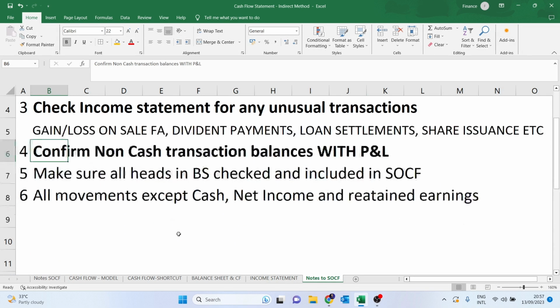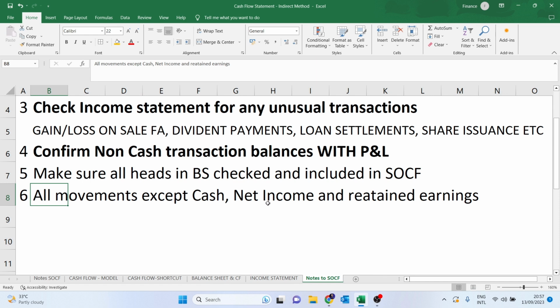And make sure all heads in the balance sheet are checked and included. All balances in the balance sheet, all the items need to be included except what? Cash, net income, and retained earnings. Because we are doing the statement of cash flow, cash movements will not be included anywhere.